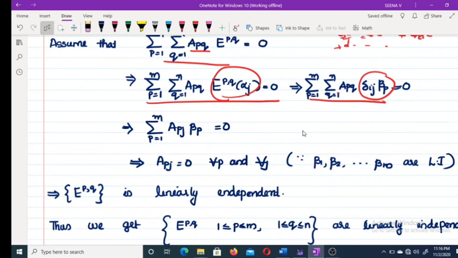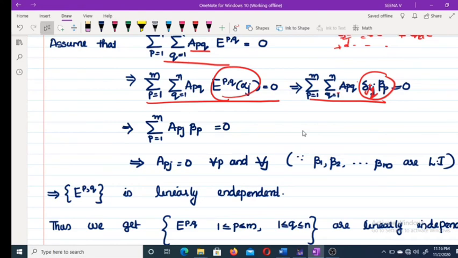So if q varies from 1 to n, this becomes delta jq. This becomes 1 if q equal to j.